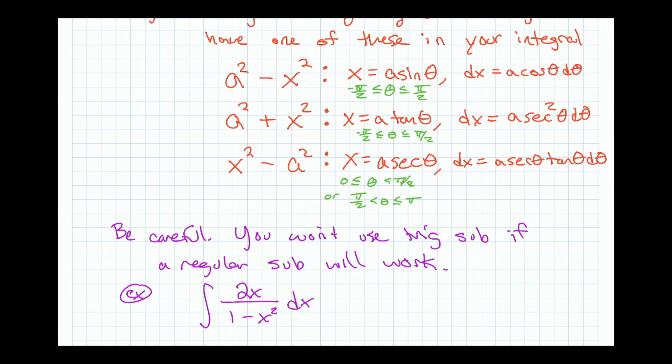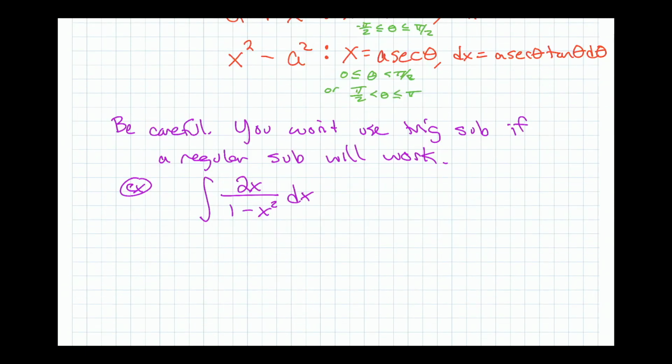But a sine substitution is unnecessary because you can just do a simple u sub with u equals 1 minus x squared, du equals 2x dx, and when you substitute that in, you get very easily just du over u, which is an ln absolute value of u, and so on. I guess I only skipped one line of work, but that's the point. The point is that you don't want to do a trig sub here.